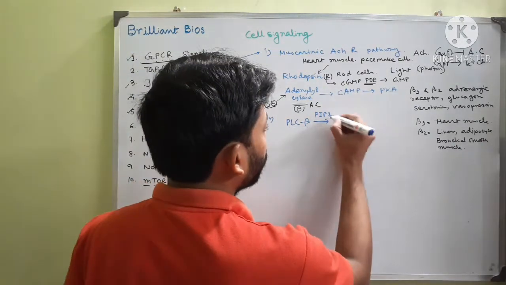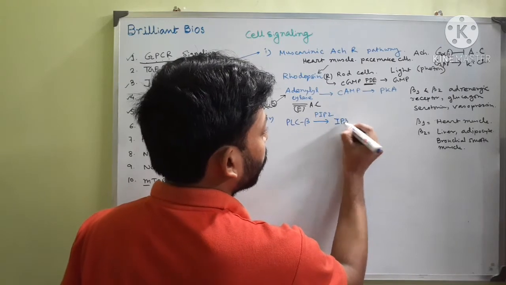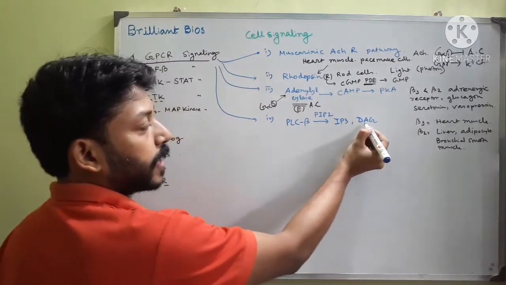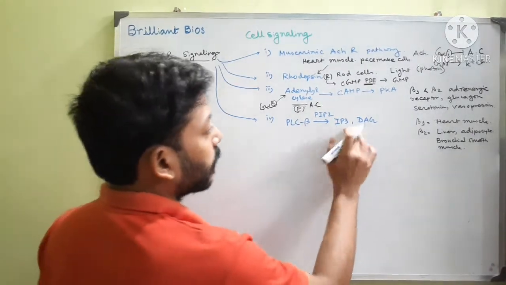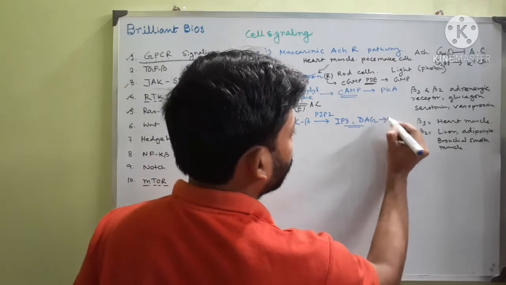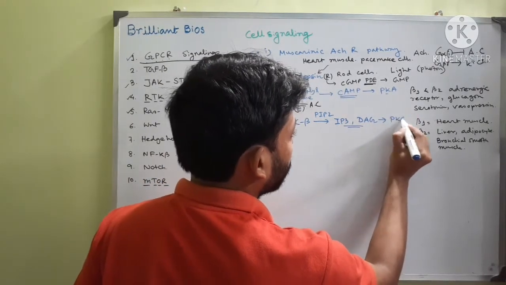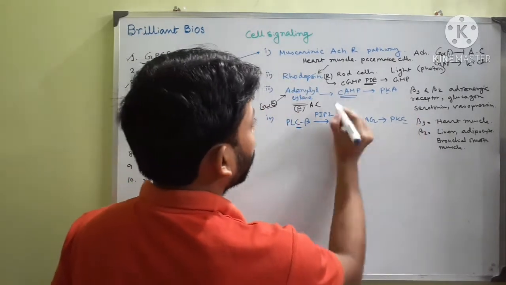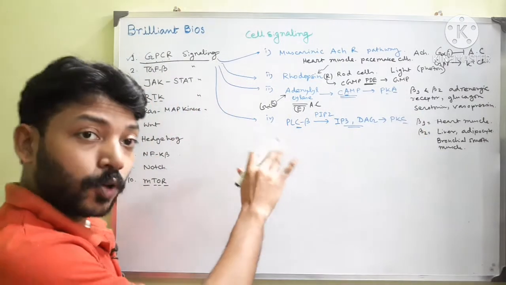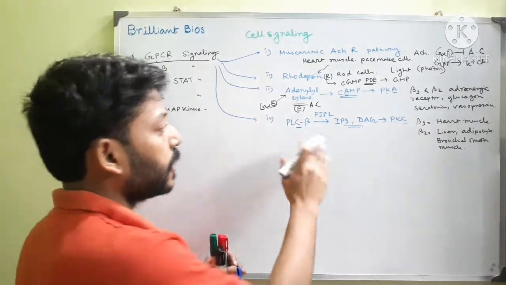So it cleaves this and produces IP3 and DAG, inositol triphosphate and diacylglycerol. These two are second messengers. They activate another protein kinase called PKC. You can remember C for C and A for A. Okay, this is the fourth type of activation.